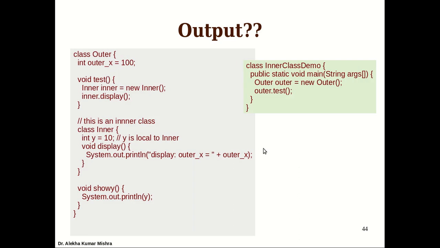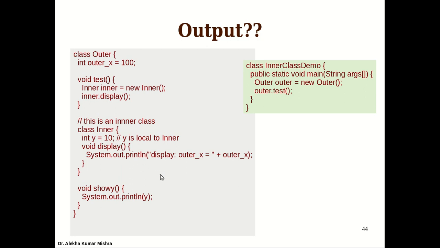However, what will be the output here? Here we see that we created another method, show y, and we are trying to print the value y directly, where y is a member of the inner or nested class.